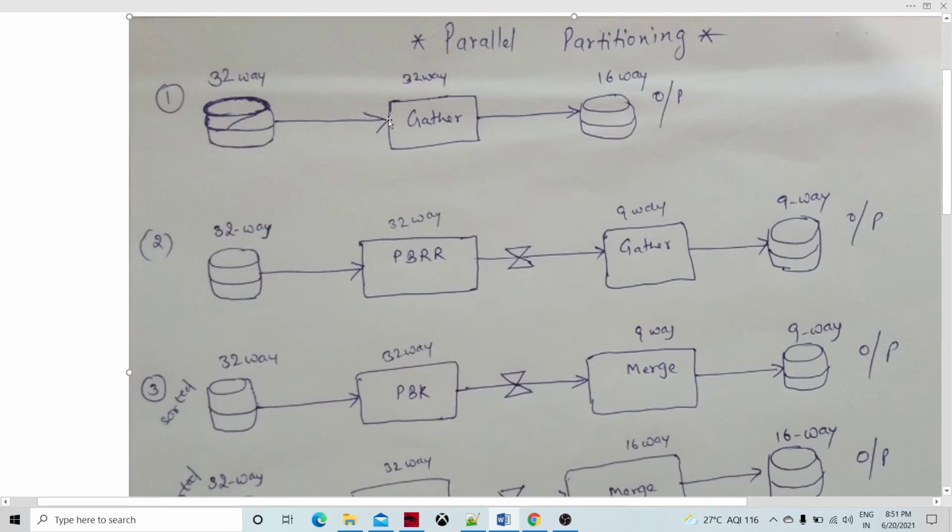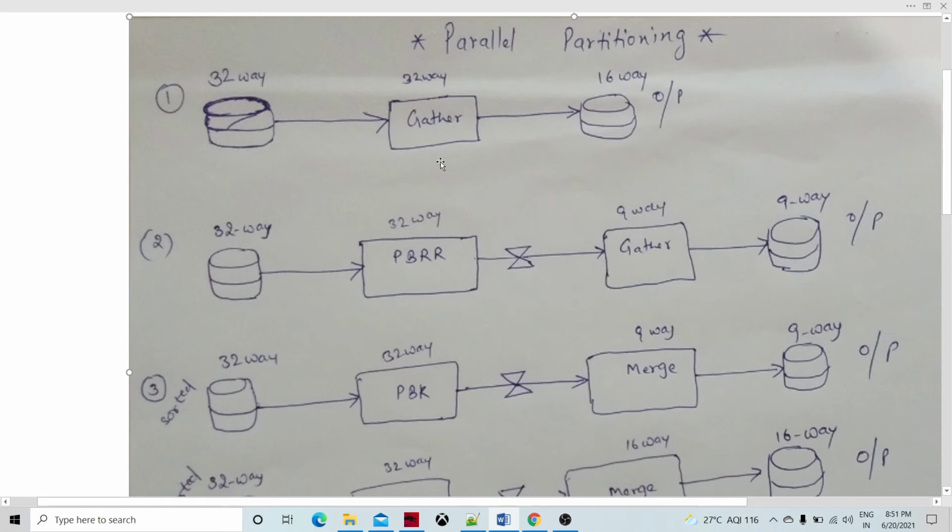It's wrong here in example number 1. So the layout of the gather would be 16-way. This is a mistake.